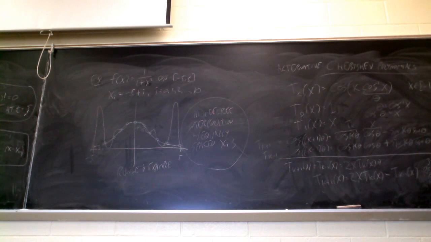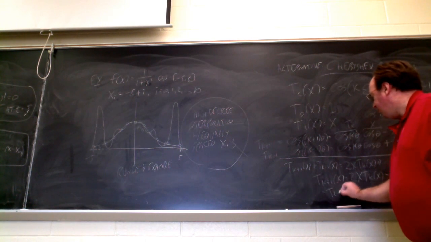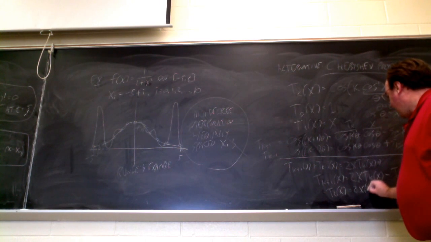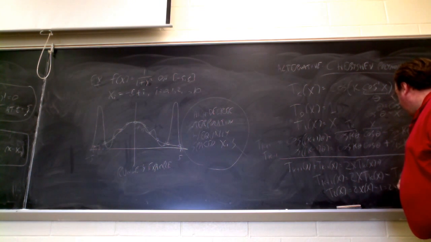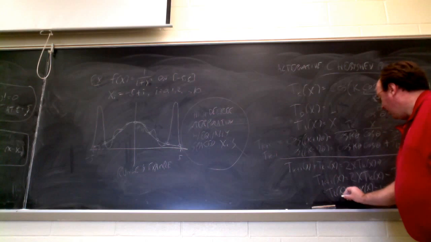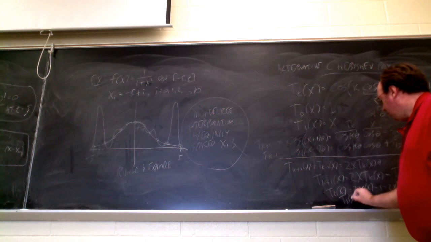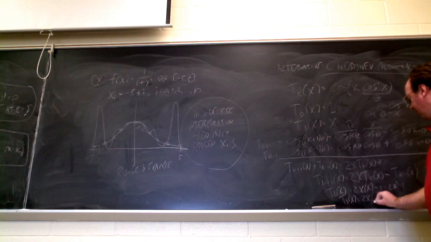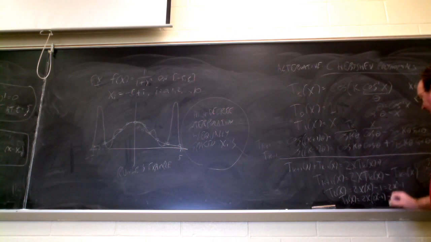So we have a first 2: T_0 is 1 and T_1 is x. So I can say T_2 of x is equal to 2x times x minus 1, so it's 2x squared minus 1. If I want to do one more, T_3 is equal to 2x times (2x squared minus 1) minus x.